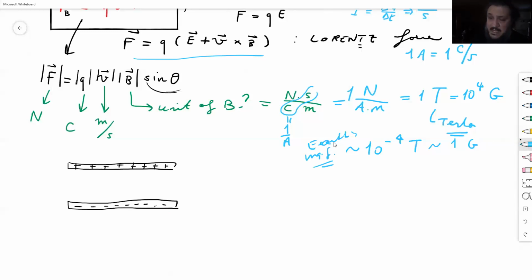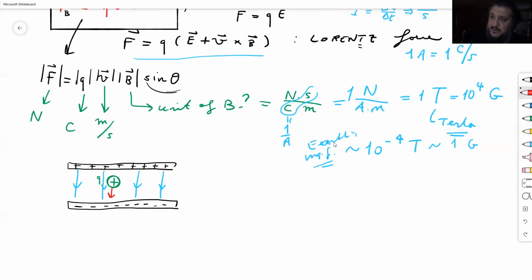Therefore, we have an electric field which is pointing downward. So a positive charge, positive Q, would experience a force in the same direction as the electric field.